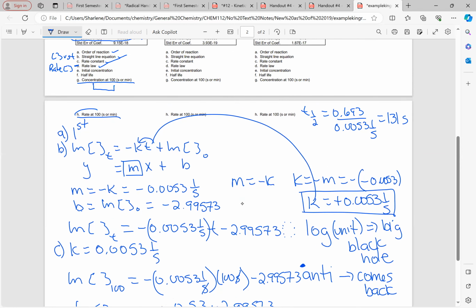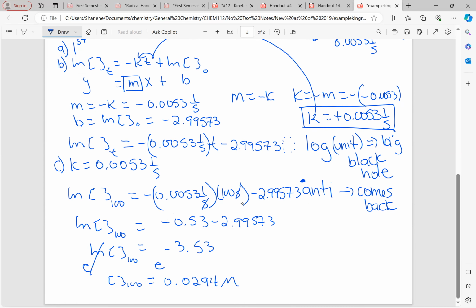But I also want to know what's the rate at 100. Do you have an equation that will relate concentration, sorry, not concentration, rate and time? Okay, rate and time. Well, yeah, that's your rate law. Because if you want to know the rate at 100 seconds, well, guess what concentration you're going to plug in?